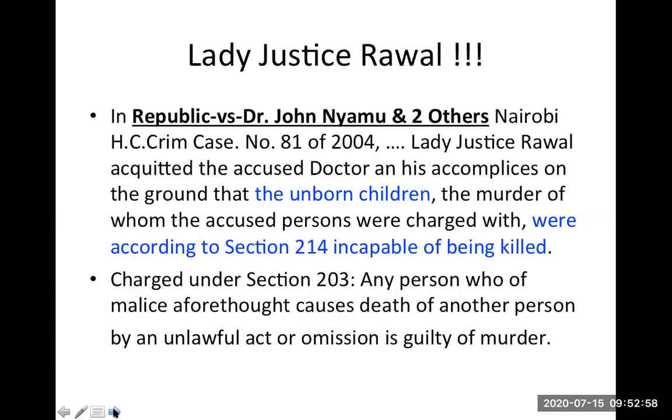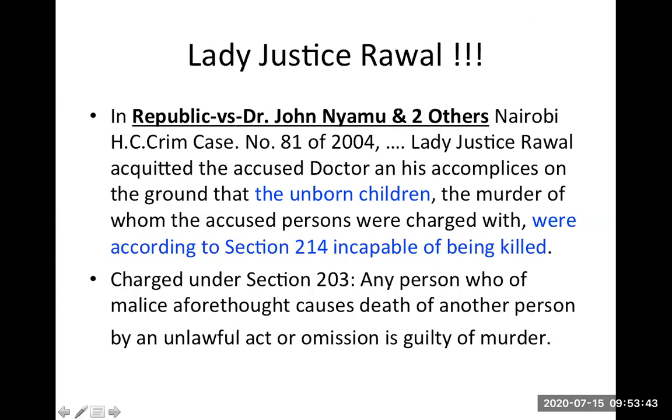So you realize that the prosecution, whether deliberately or not, chose to charge Dr. Nyamu under Section 203, which relates to murder: any person who of malice aforethought causes the death of another person by an unlawful act or omission is guilty of murder. Okay? So the prosecution chose a provision that would not stick, or that would acquit the accused.